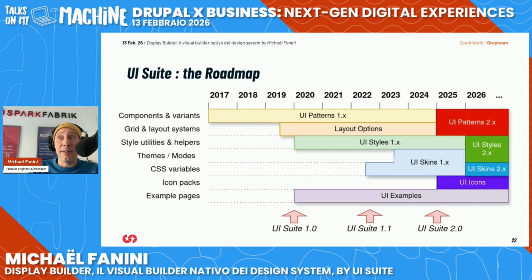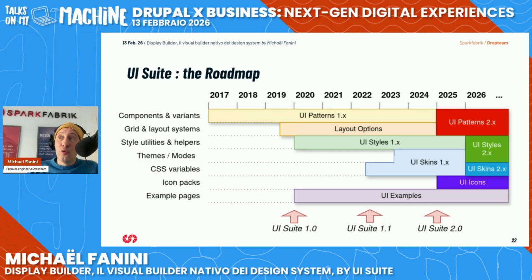We were targeting at the time components with UI Patterns version 1, layout and grid system with Layout Options, styles with UI Styles, and example pages with Examples. And then during 2022, we created UI Skins, and we had a close to complete scope.